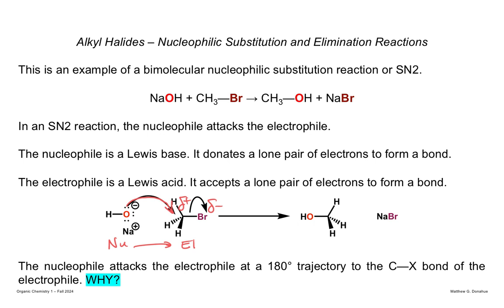So we're making an O-C bond, and then we're breaking a C-Br bond. So that carbon is accepting, and then the bromine is accepting the electrons in that bond. So this part right here is called the leaving group, or LG.